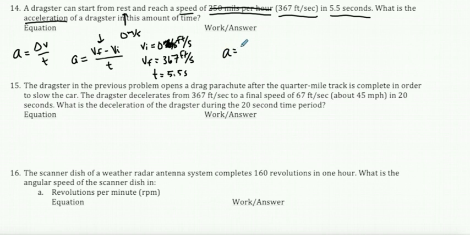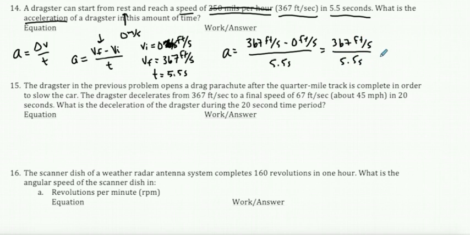So acceleration equals my final, so 367 feet per second minus 0 feet per second over the time of 5.5 seconds. All right, so simplify this down a little bit. It's going to be 367 feet per second over 5.5 seconds. And put that in our calculator and get an answer.